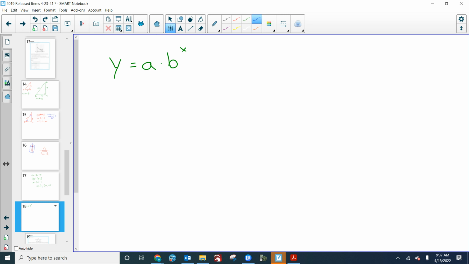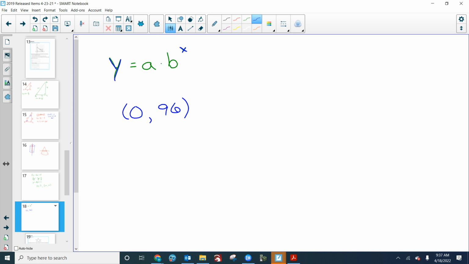All right. When x is 0, y is 96. What's that going to give me? By the way, do you agree when we write an equation, the y will stay in it, the x will stay in it, and the a and b will be numbers?